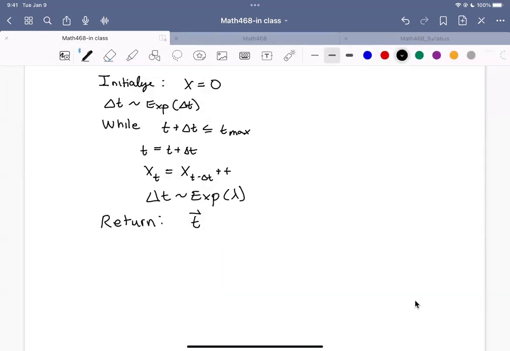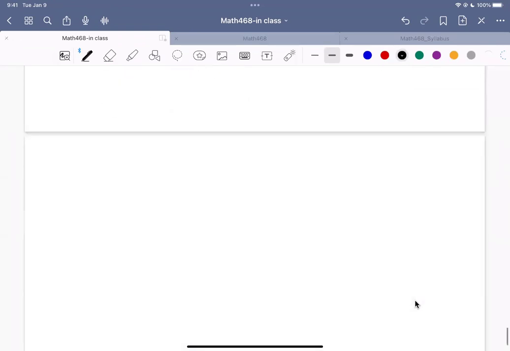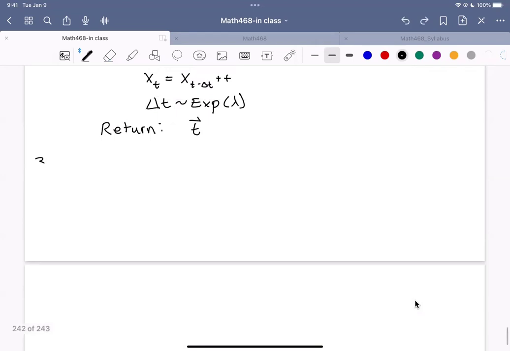Okay. And then the third type of process that we talked about simulating, maybe I'll just do it here. The third type of process that we talked about simulating was a continuous time, discrete space, stochastic process. Okay, how do I simulate this one?